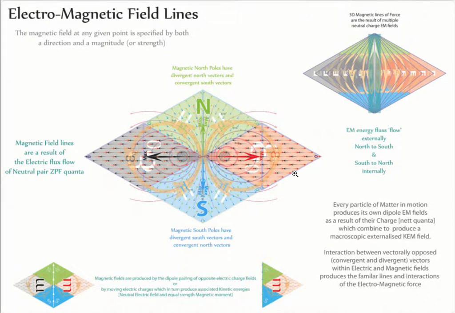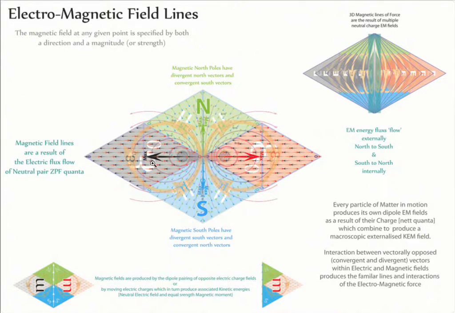In other words, if you flip the picture over, you would see a south-north instead of a north-south, or you would see an anti-clockwise vector rotation of the quantized angular momentum as opposed to the clockwise rotation of the same energy as it's modelled.